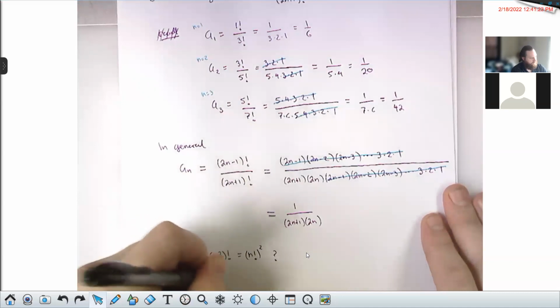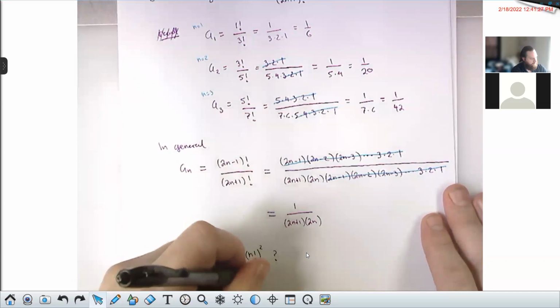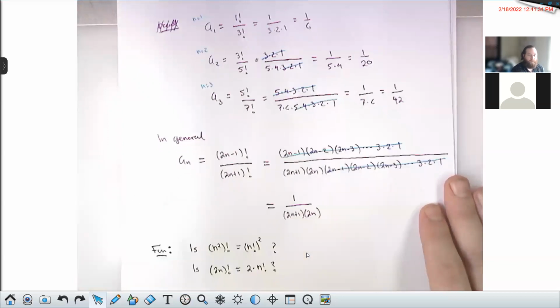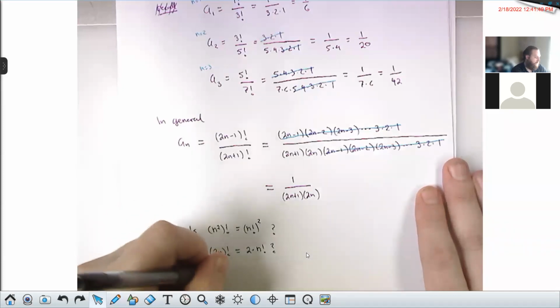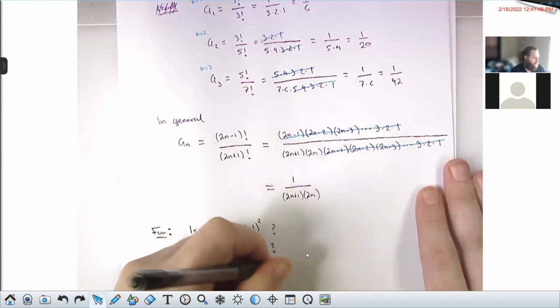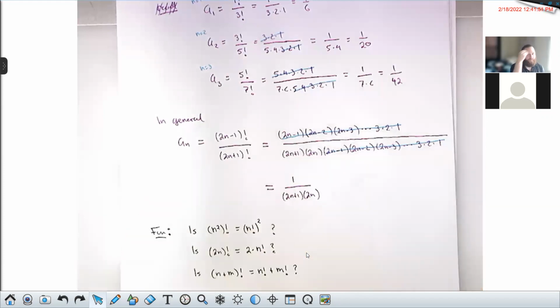Is 2n factorial the same as 2 times n factorial? What other fun stuff could we do? Is n plus m factorial the same as n factorial plus m factorial? Lots of questions like these exist.